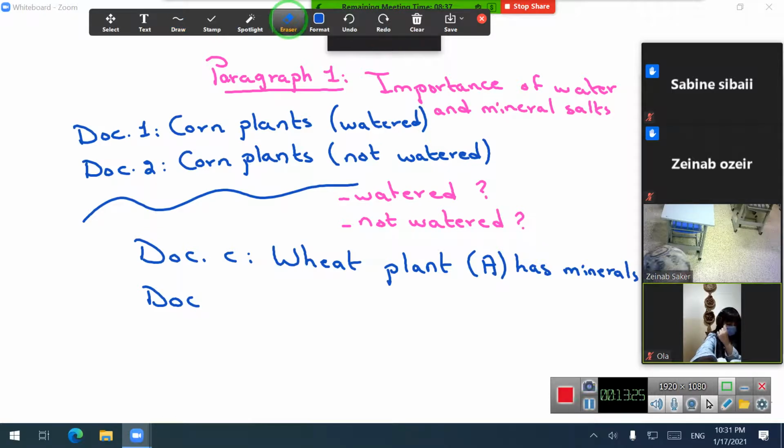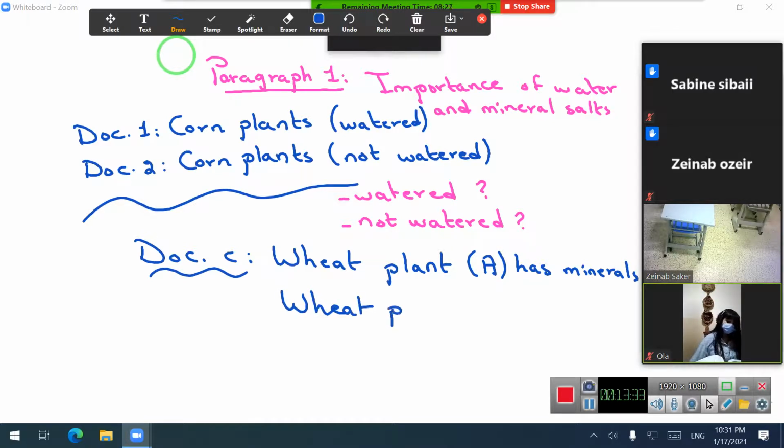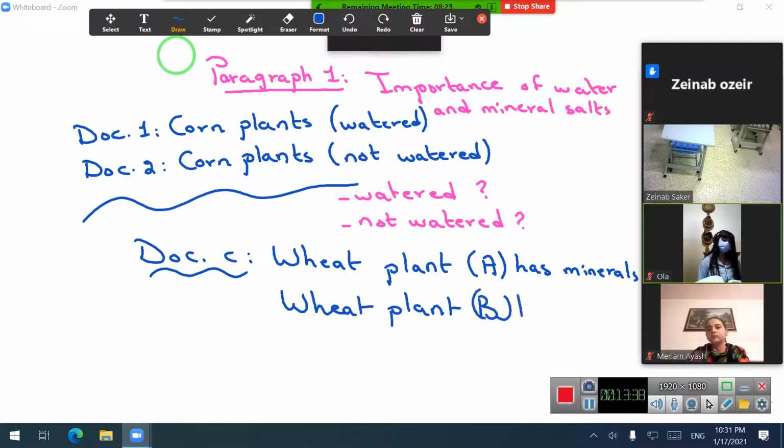Still in document C, I also have wheat plant B, which lacks minerals. Lacks minerals means has no minerals. Who can continue with document D?